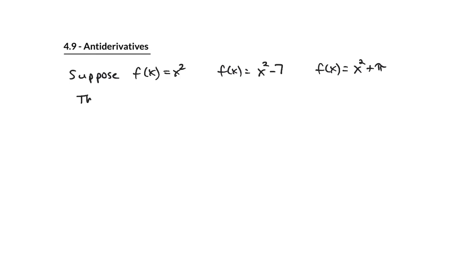Then we could say f prime of x equals, so in this case f prime of x is 2x. In this case f prime of x equals 2x. And in this case f prime of x equals 2x. So the derivative is the same in all cases.